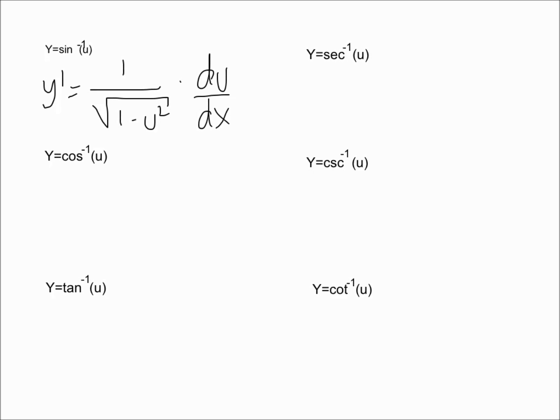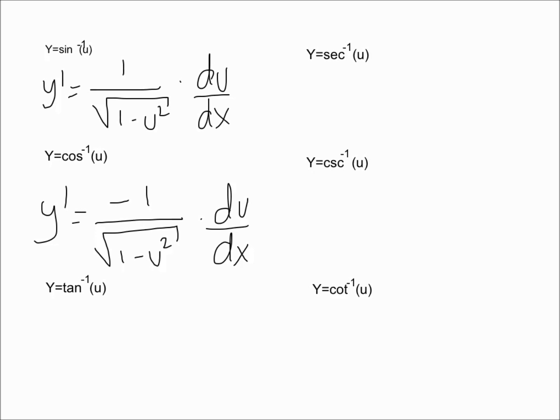When I was obtaining this, I did not write the du dx because it was the inverse sine of x, which meant that it would just be 1. But be aware that that exists there. For the case of the inverse cosine of u, we would have that y prime is negative 1 over the square root of 1 minus u squared, again, times du dx.